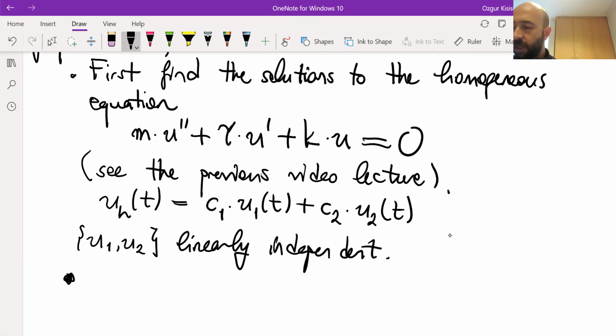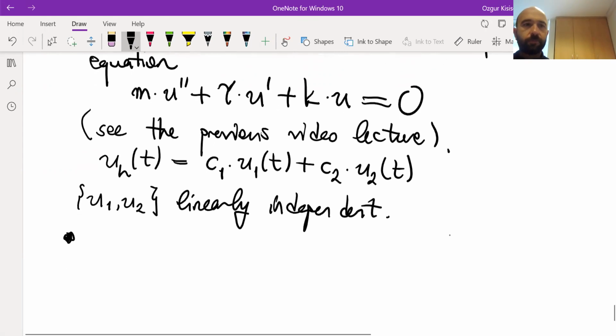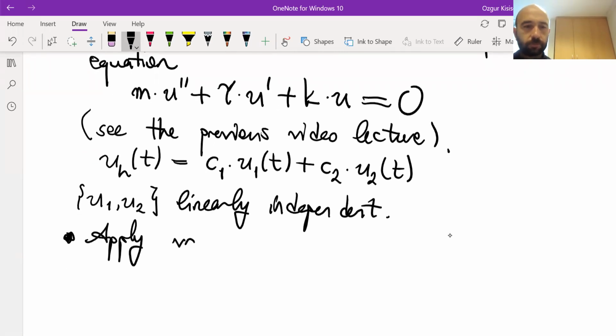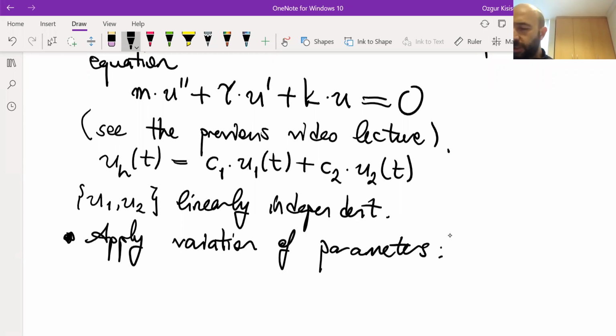First you do this, and then apply variation of parameters.